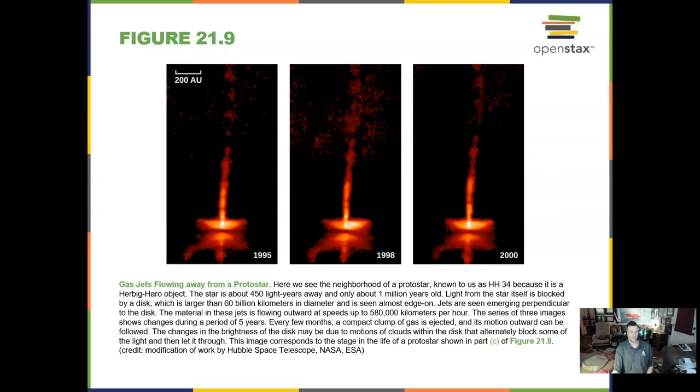Here are some gas jets, really neat stuff, forming from a protostar, a soon-to-be star, a baby star. And this is the neighborhood around it from Hubble, and we call this, it's got a great name, HH34. We call these Herbig-Haro objects. Pretty neat.